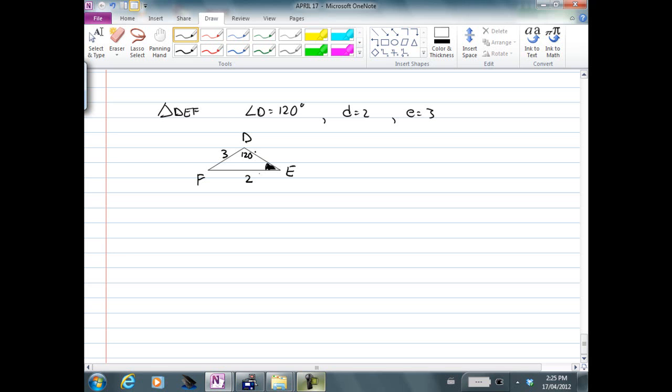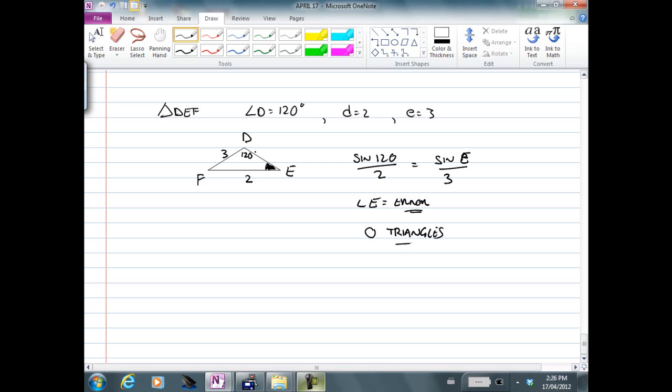Okay, let's find it. I don't even know how many answers there are. Sine 120 over 2 equals sine E over 3. If I solve for E, you get something called error. If it's error, guess how many triangles are possible? 0. That's what I showed you before. So this is an example of 0 triangles possible.